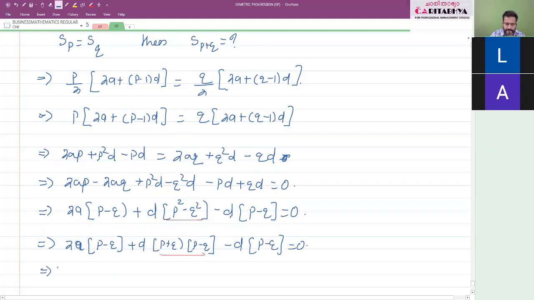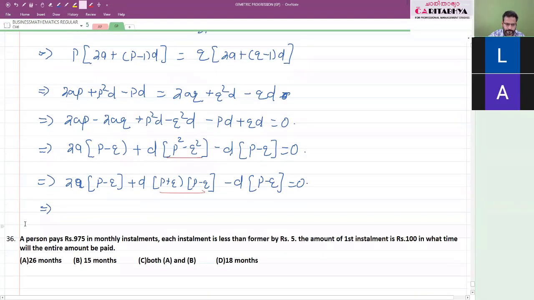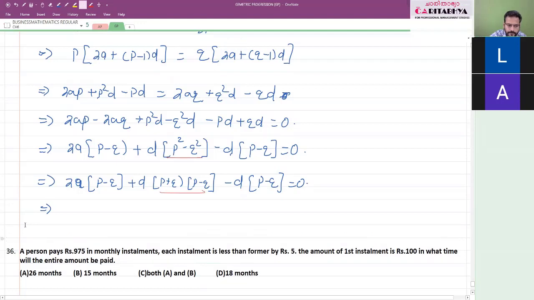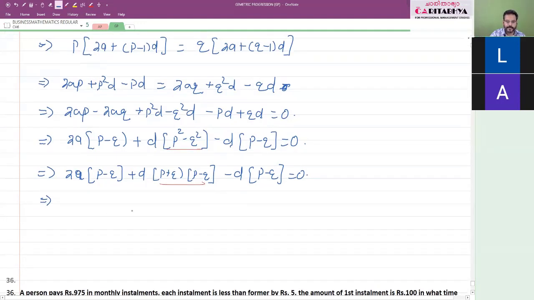So that implies, taking P minus Q common: 2A plus P plus Q into D minus D equal to 0.